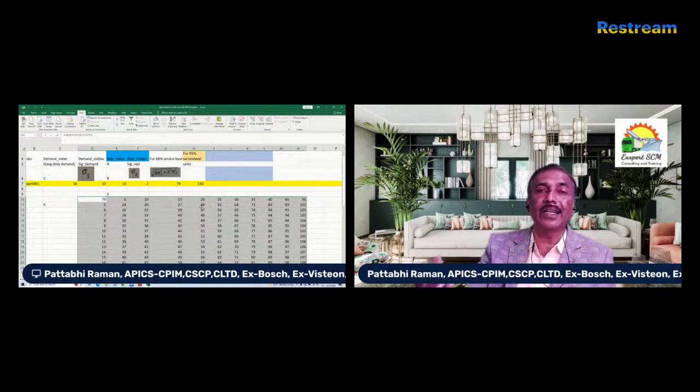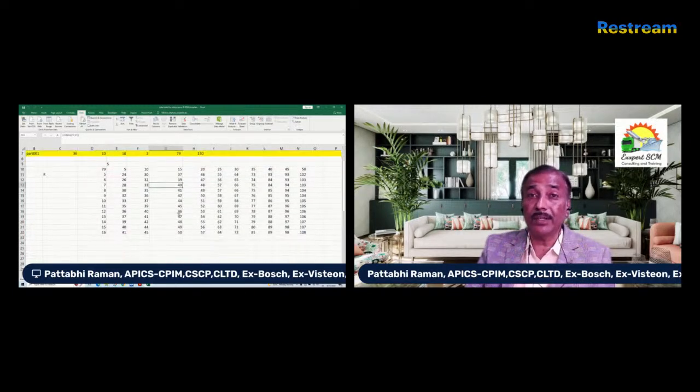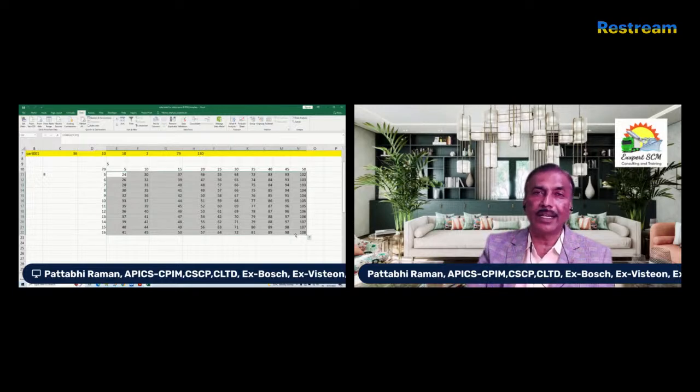You can even take service level and factor it and change it and see what are the various safety stock numbers required. Here we are talking about the quantity. Of course, this can be anything. You can even talk about amount, and any of the parameters you can substitute and find. These are all the various important simulation tools.